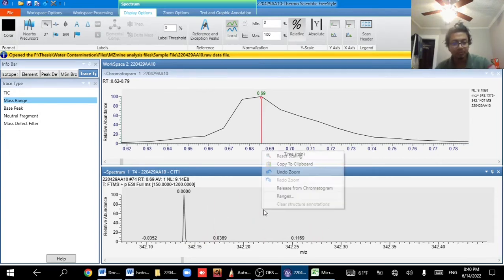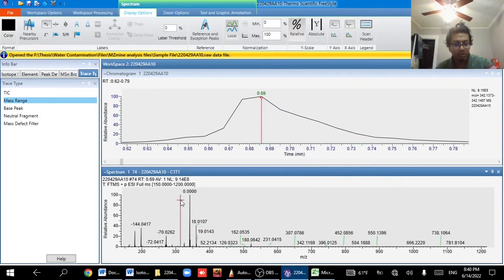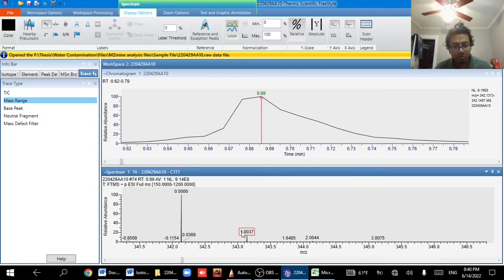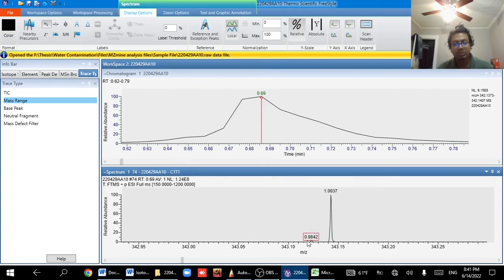Okay, so this is close to 1, this is 1.0037, so this 0.9970 should be close to that, but I got here 0.9842, so this is not a nitrogen peak.